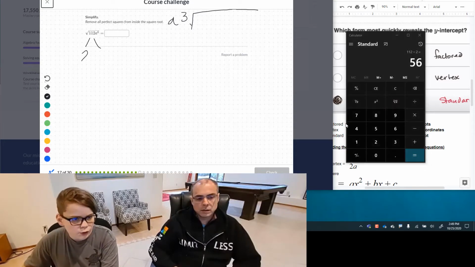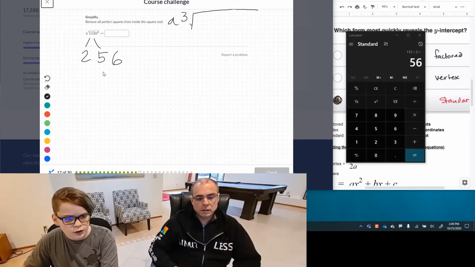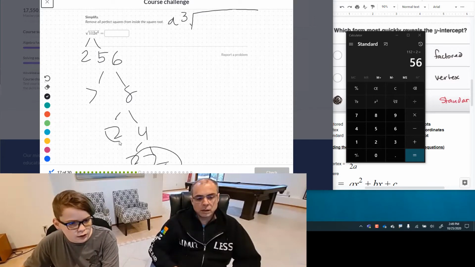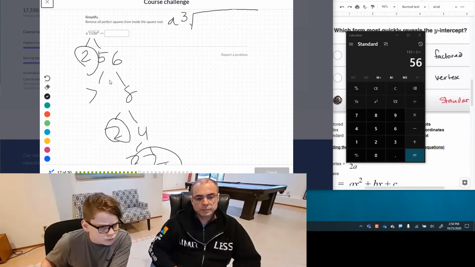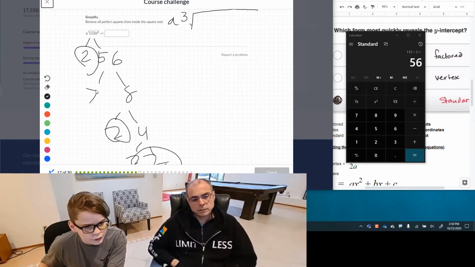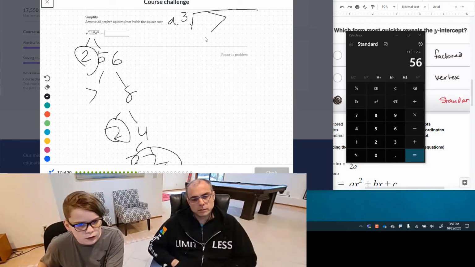So 256. This is 7 and 8. This is 2 and 4. This is 2 and 2. So then our two pairs are that, this, and this. So then that leaves 7. So 7, actually.